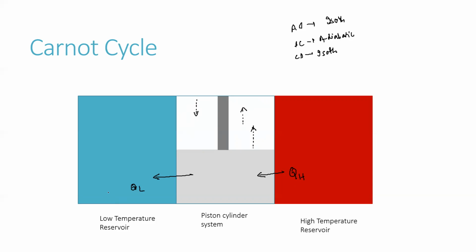And finally, D to A, to come back to its initial state, we are going to perform some more work on it adiabatically. So we will not allow heat transfer here, but work is going to be done.